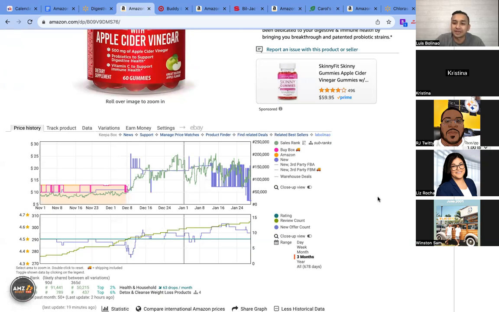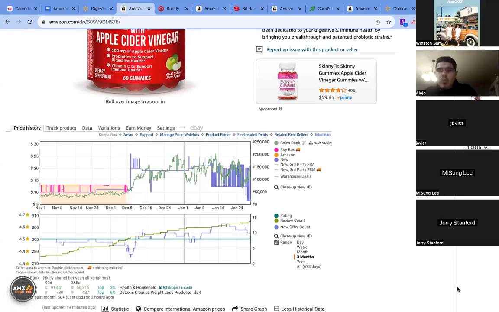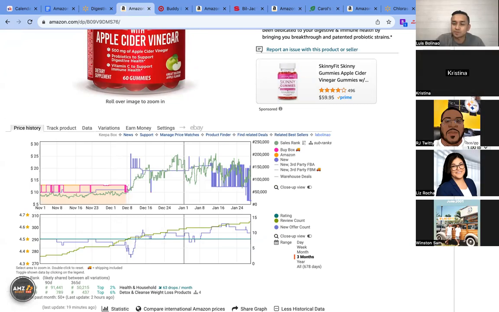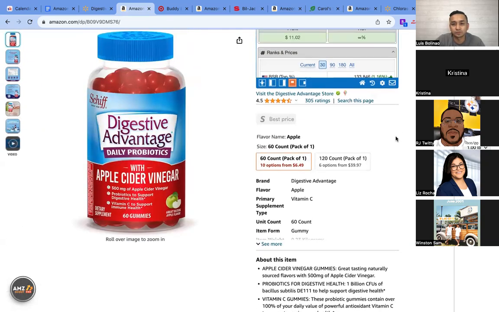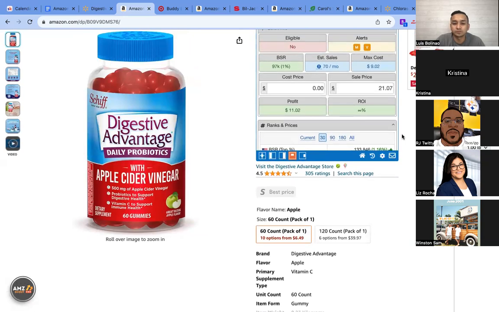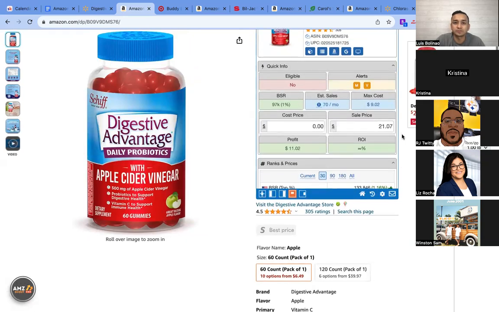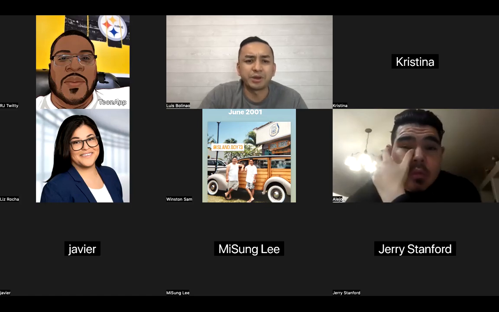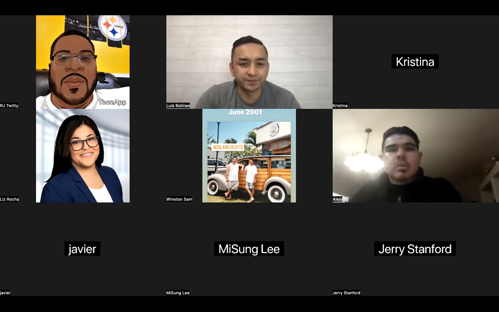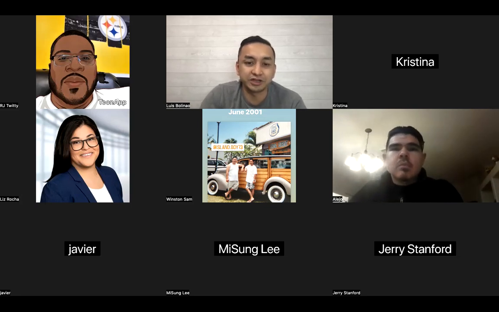I'll double check and see if it's still there. I'll log into my Keepa account because I haven't done that in over a year and see if I have a watered down version for free. I probably downgraded to the free version, but it's good to get the paid one though.